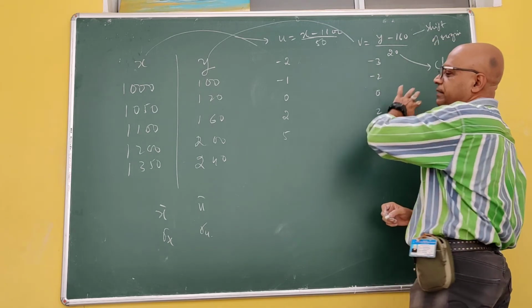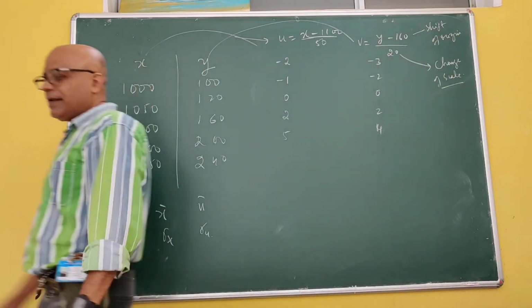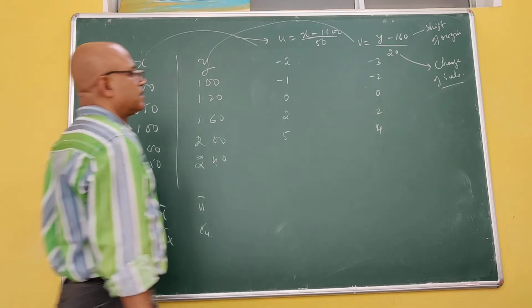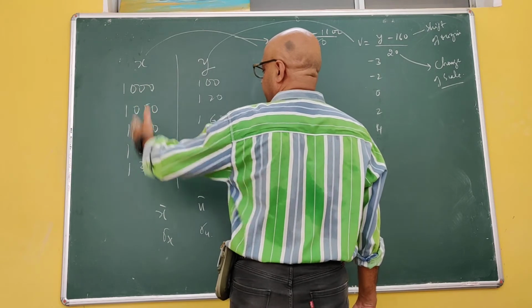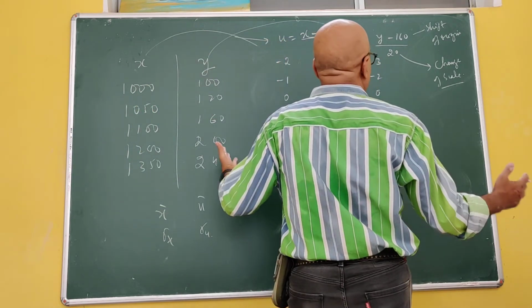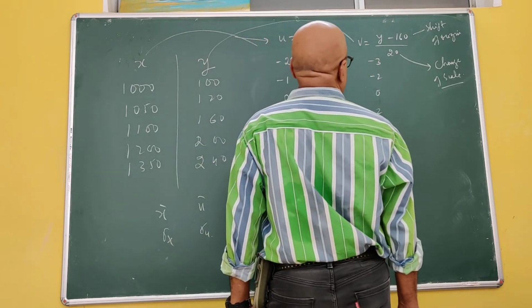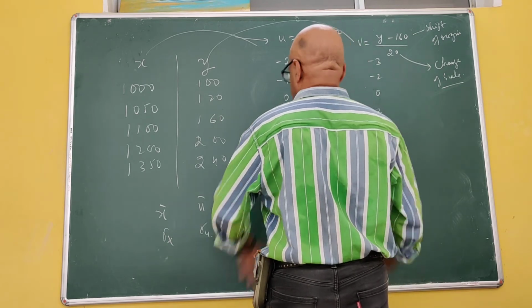We can divide by anything, but we divide by some number that is not going to give us fractions. It helps in calculations. Some people may not even subtract or divide. They may just feed it into machines or use a calculator. But if you want to do this manually, you would prefer to reduce the size.